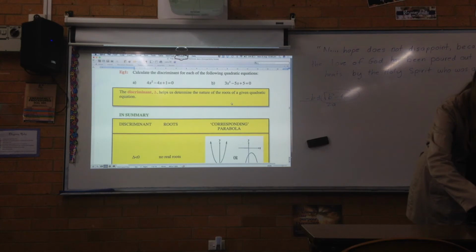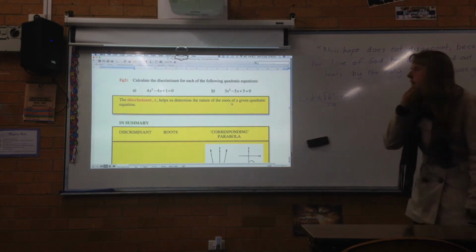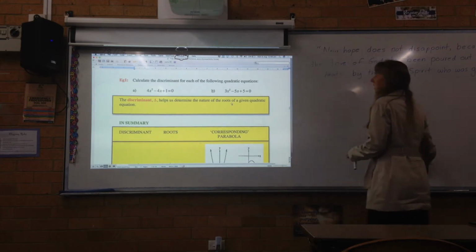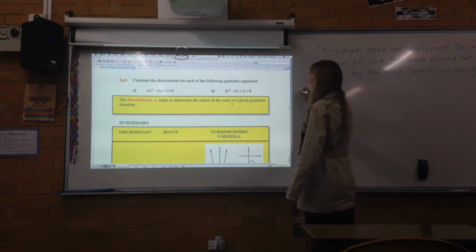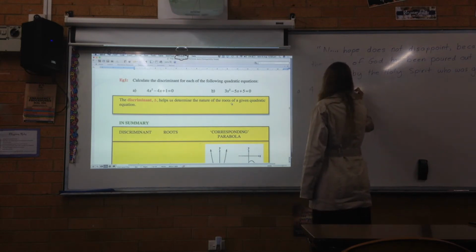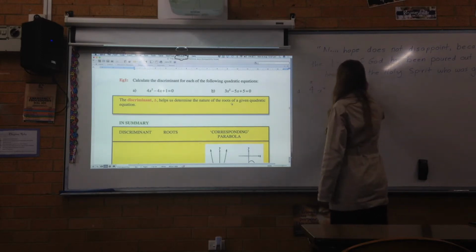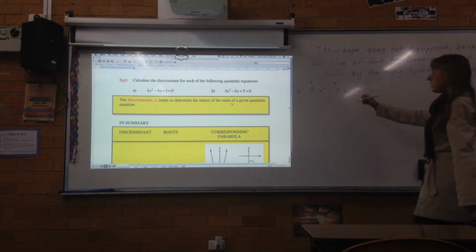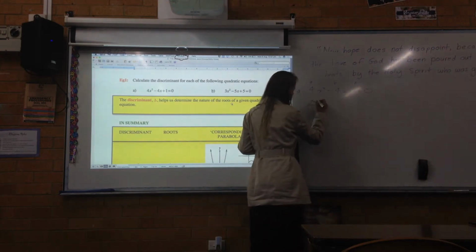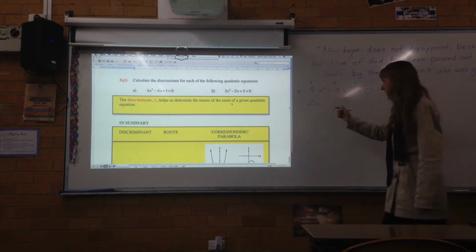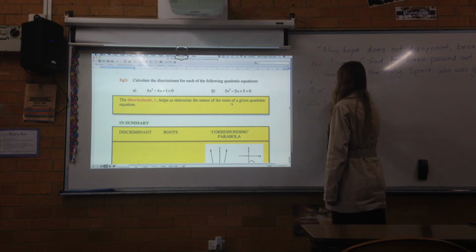So, let's calculate the discriminant for these. I hope you've got your books ready to do these examples. Our first one, A, is 4x squared minus 4x plus 1 equals 0. So we have our a, b, c. We know that the discriminant, my capital D, Greek delta, equals b squared minus 4ac.